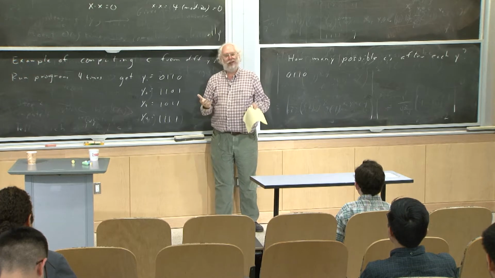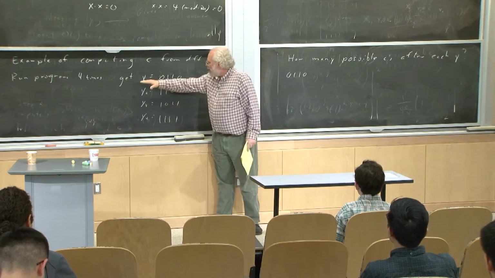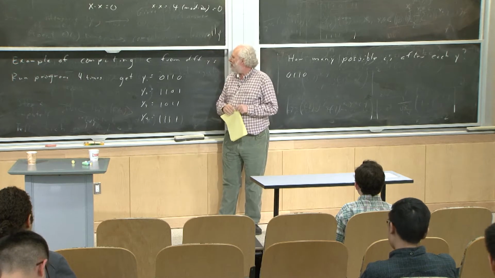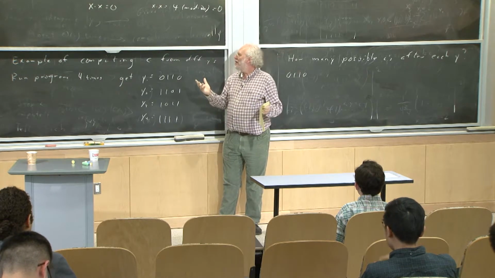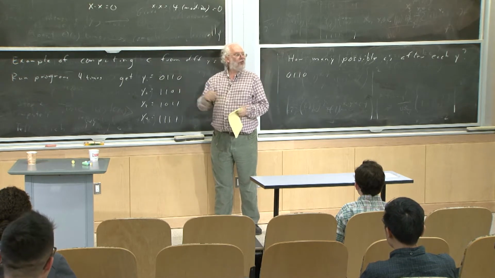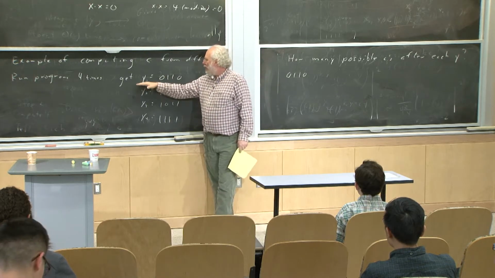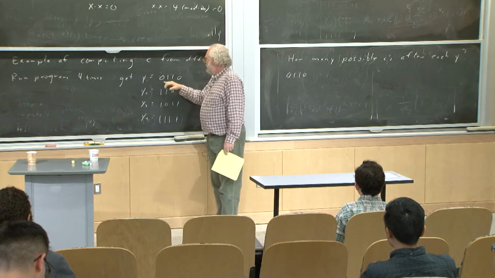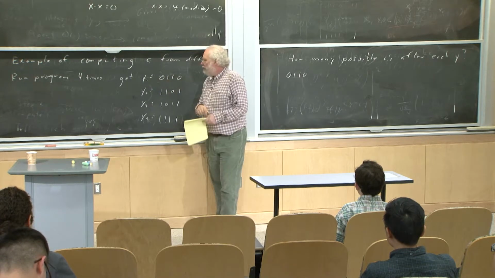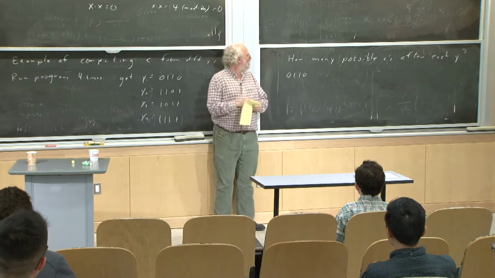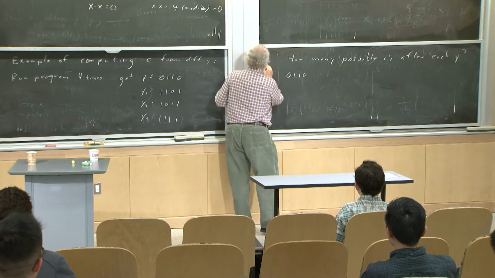So if we take a random C, which can't be 0, so there are 15 possible C's, and multiply it by y1 equals 0, 1, 1, 0, there are 2 possible answers, either 0 or 1.